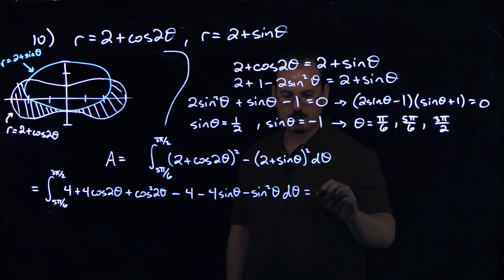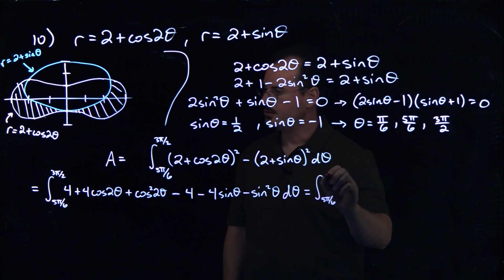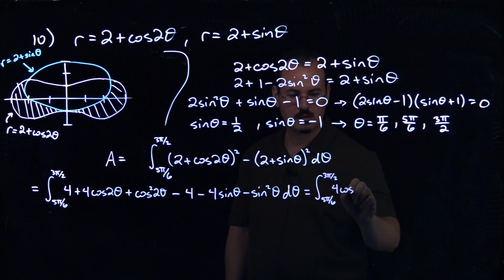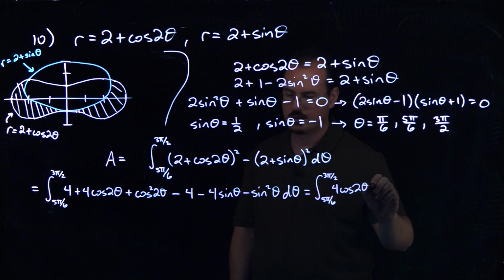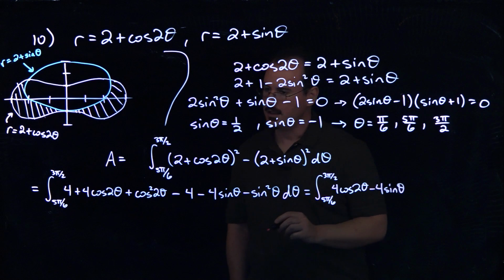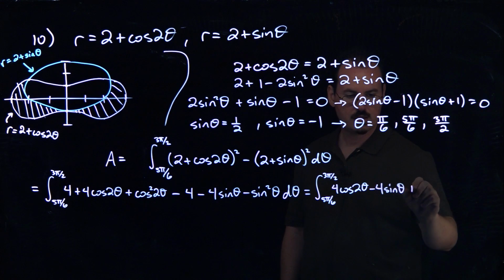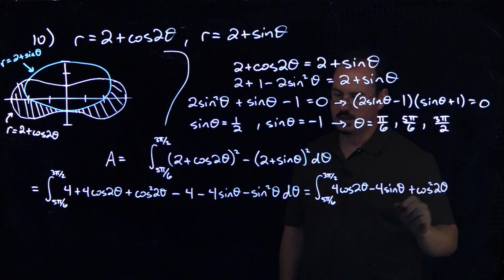So that'll be integral from 5 pi over 6 to 3 pi over 2 of 4 cosine 2 theta plus cosine squared 2 theta. Actually, I'm going to put the sines and the cosines together, the first power, so minus 4 sine theta, and then cosine squared 2 theta, and sine squared theta.